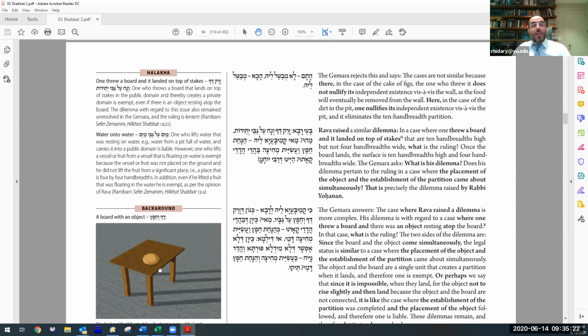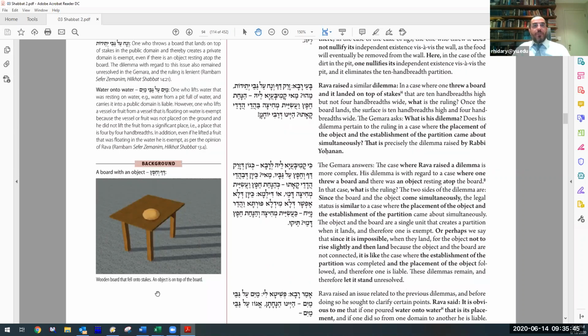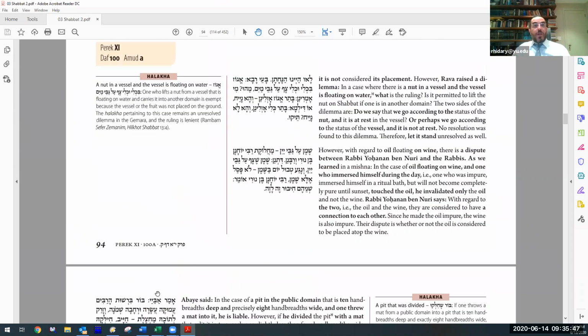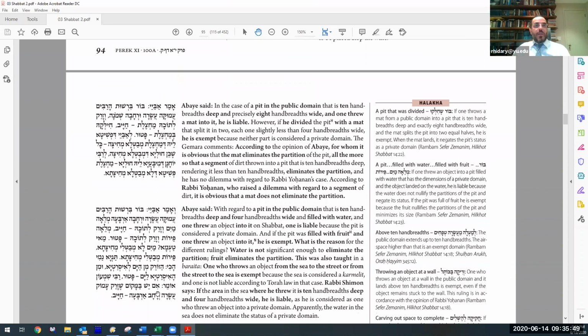So then would you say, oh, because I built on top of it, and it didn't land on it, now it's not 4x4 tefachim because of the stuff on top? Or no, you'd say, look, the stuff added doesn't take away from being a reshut hayachid, and as long as there's some space anywhere here that something can land, I can imagine as if the whole thing is empty, and then it would still be chayav. So that is essentially the machloket here between Rabbi Meir and Chachamim.